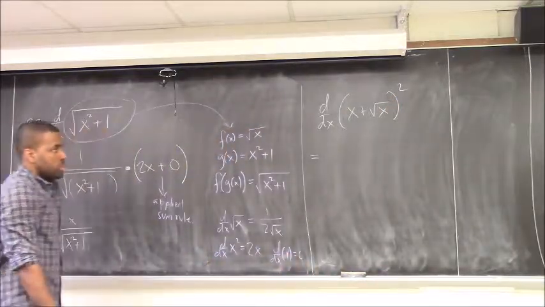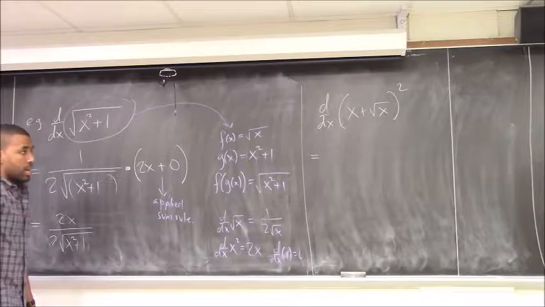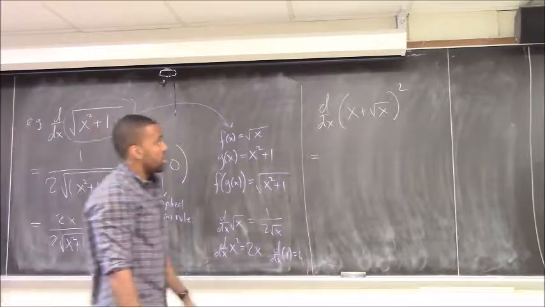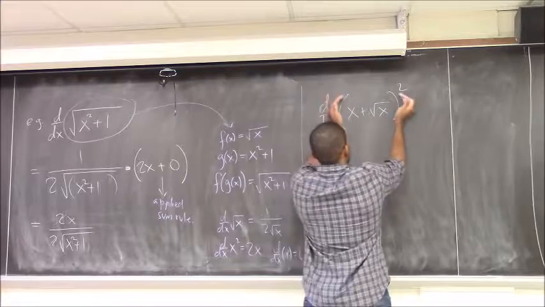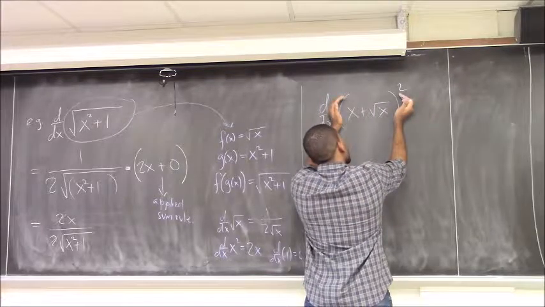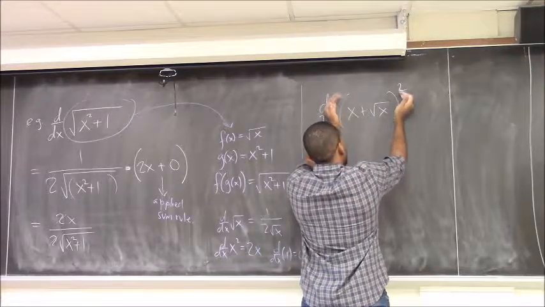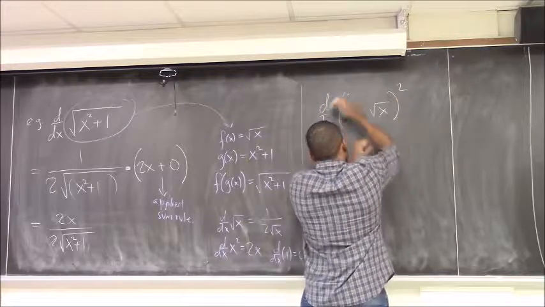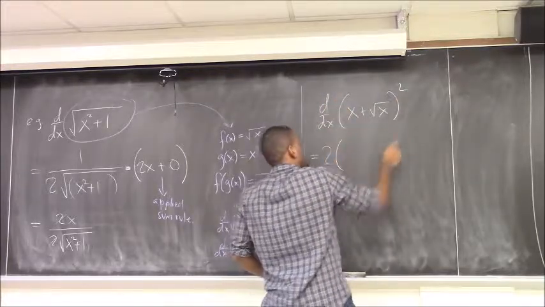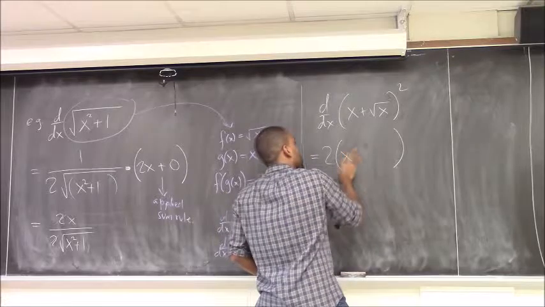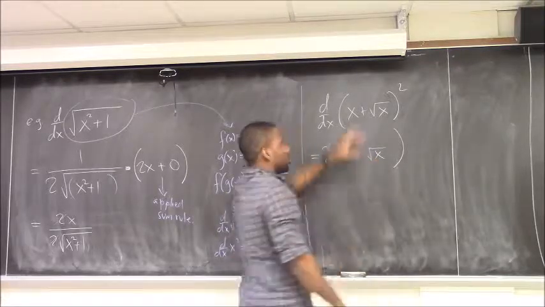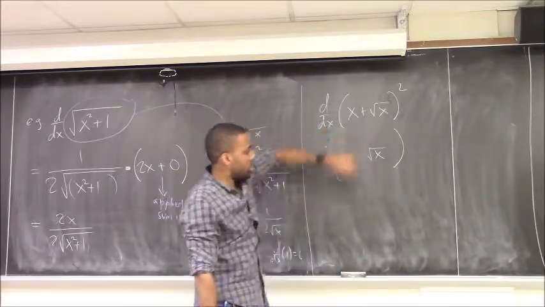So the chain rule says we can differentiate that by differentiating the outer function. How do I differentiate something squared? It's 2 times the thing. The derivative of something squared is 2 times the thing. We derived that before. So the derivative of x squared is 2x.